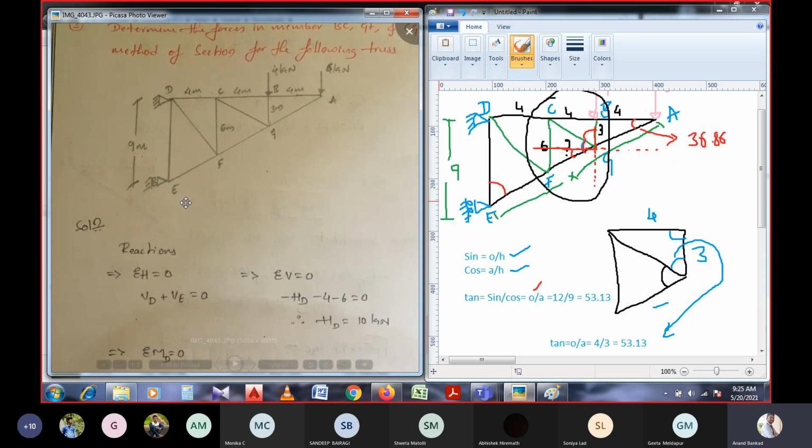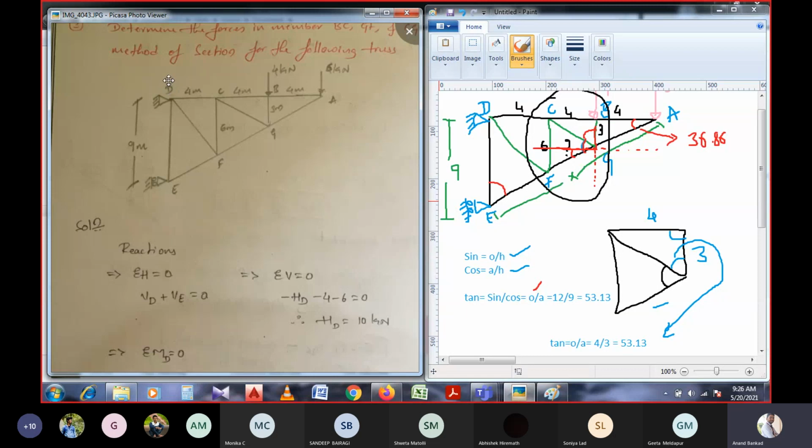And apart from that, if you look at the vertical forces, since it is pin jointed, here it will be getting the vertical load. In the reaction, one horizontal force will be there for the pin joint, but for the roller it will be only one. So for the pin joint, it will be taken into consideration at this position.